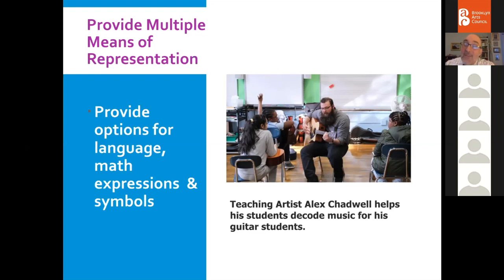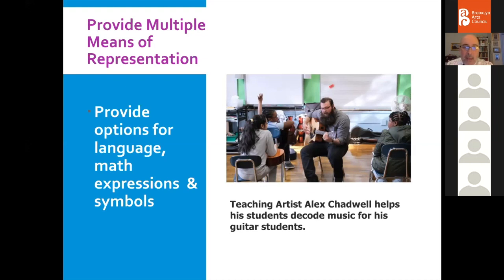So I put in an example here of Alex Chadwell helping his students decode music. Music is a code. It's both a written code, in terms of what we see in the staff and the different symbols for notes and rests, but also a code that we hear. It's an oral code.